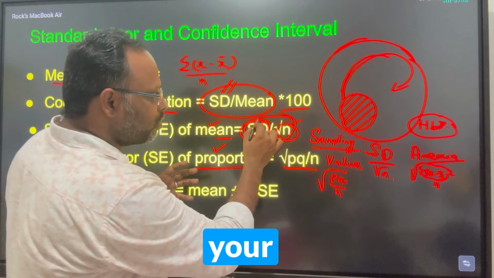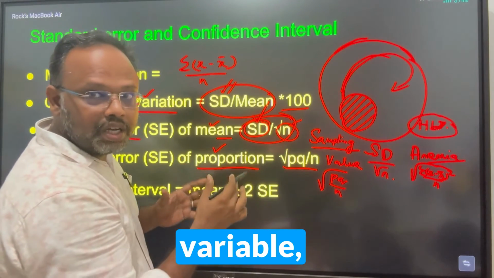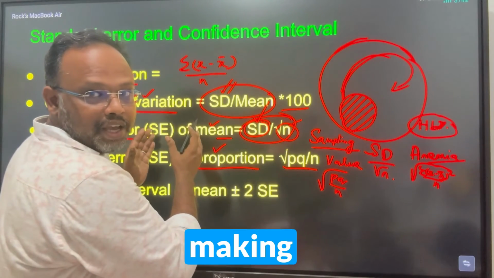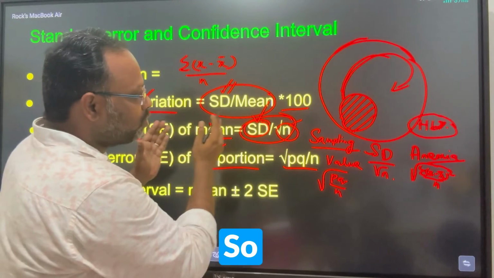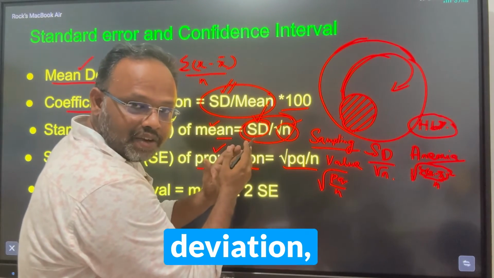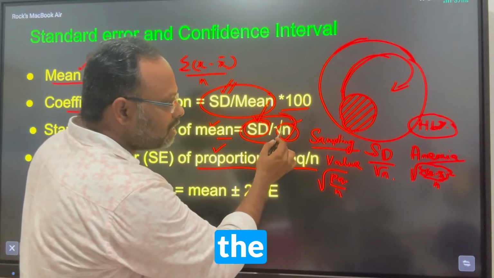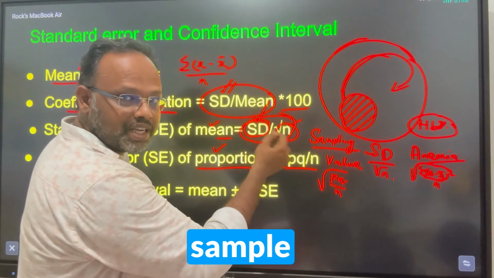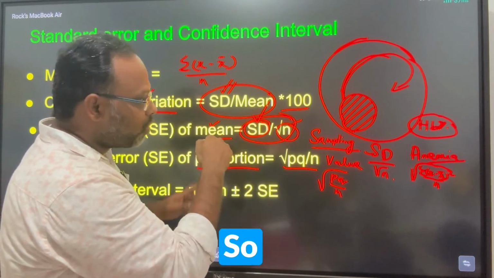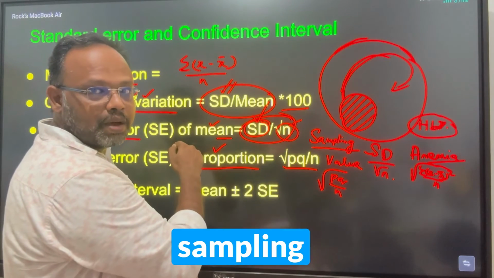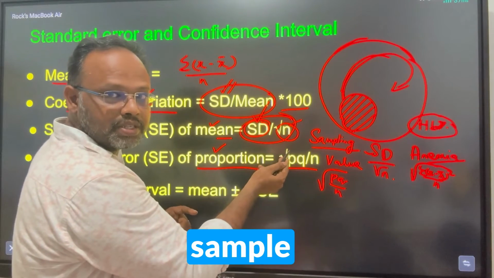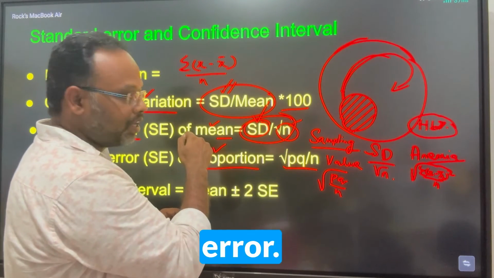So as long as your values are highly variable, the chance of you making the sampling error is high. When you have a small standard deviation, the sampling error also will be small. And as you increase the n, that is the sample size, it is inversely proportional. So higher the sample size, lesser the sampling error, and lesser the sample size, higher the sampling error.